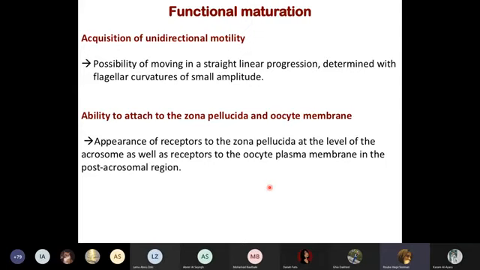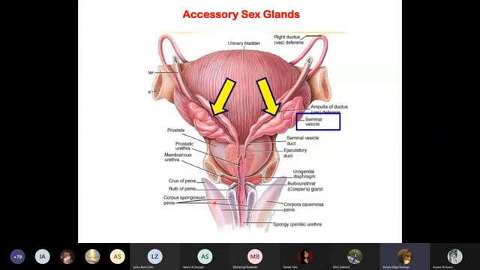I will move to the last part of this chapter, which is about the accessory sex glands. So we mentioned there are 3 types of accessory sex glands that exist in the male. There are the seminal vesicles, the prostate gland, and the bulbourethral gland.